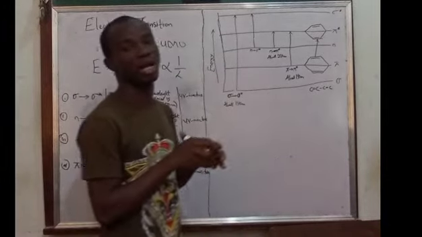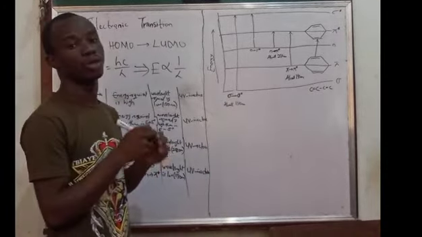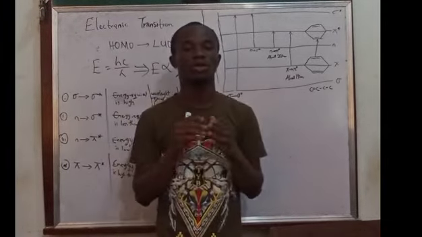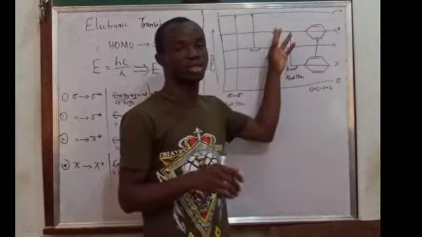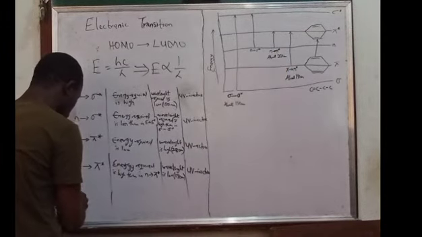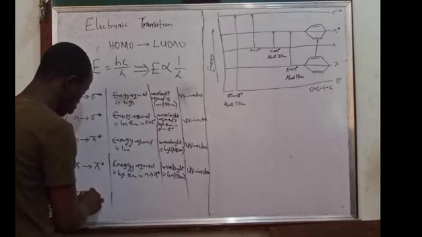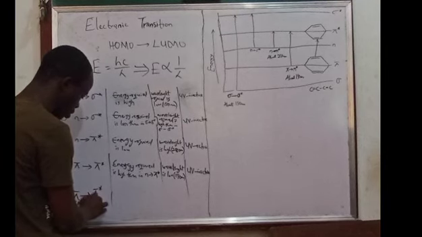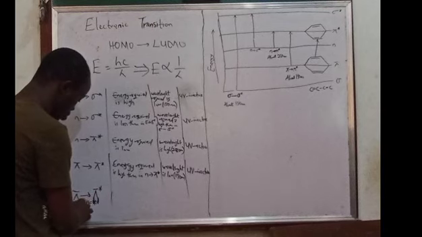The wavelength of light required to cause those transitions does not enter into the UV region, which implies that the UV does not have enough energy to cause these transitions. And the last one that we have is the pi to pi star in the conjugated system.